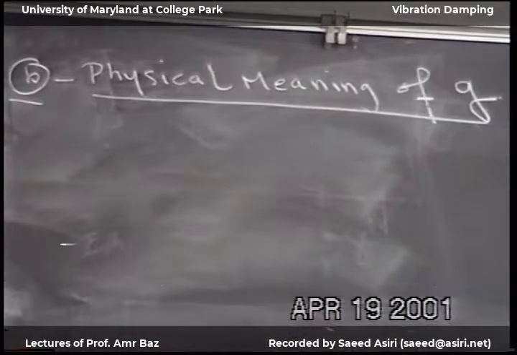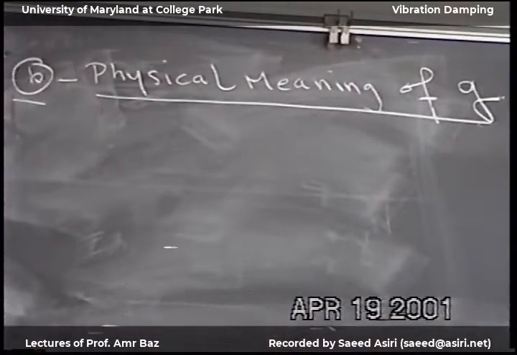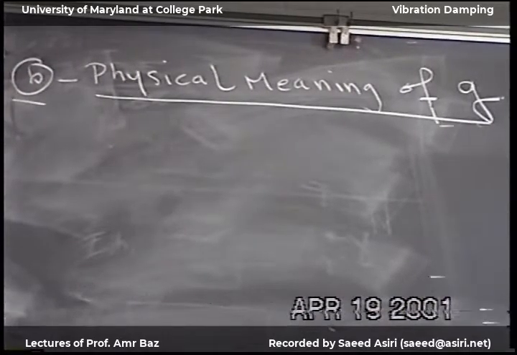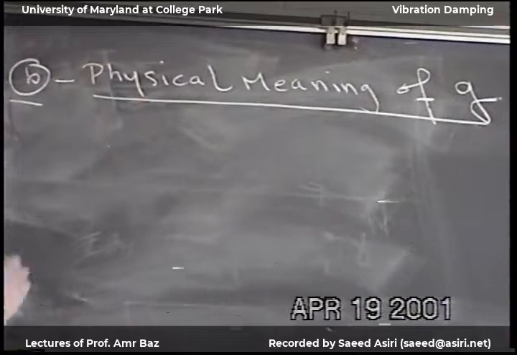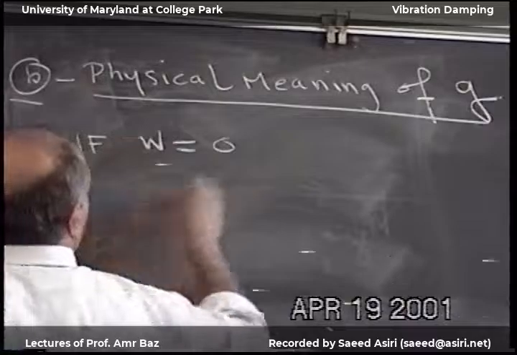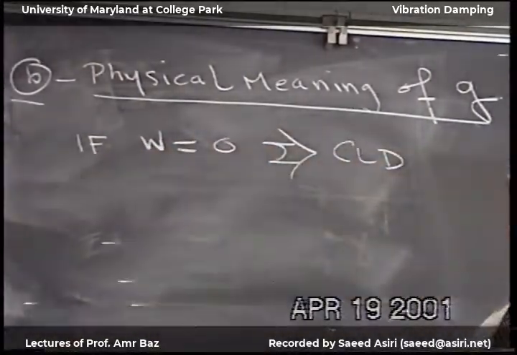This is the equation, but we'll write it again. If W is equal to 0, this means the constraining layer damping acts in longitudinal vibration.